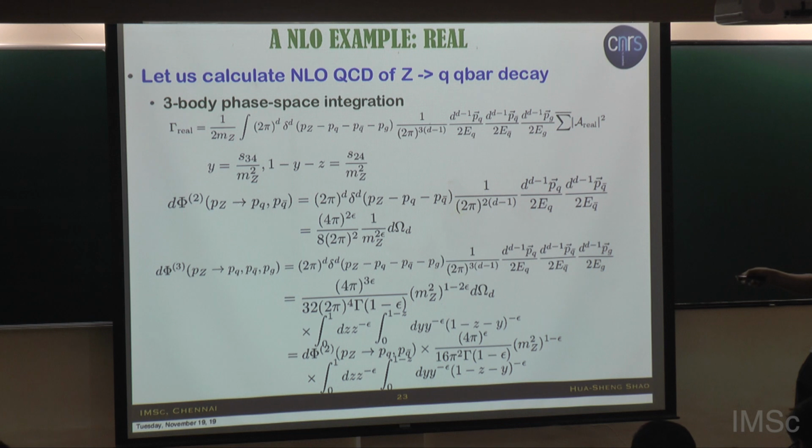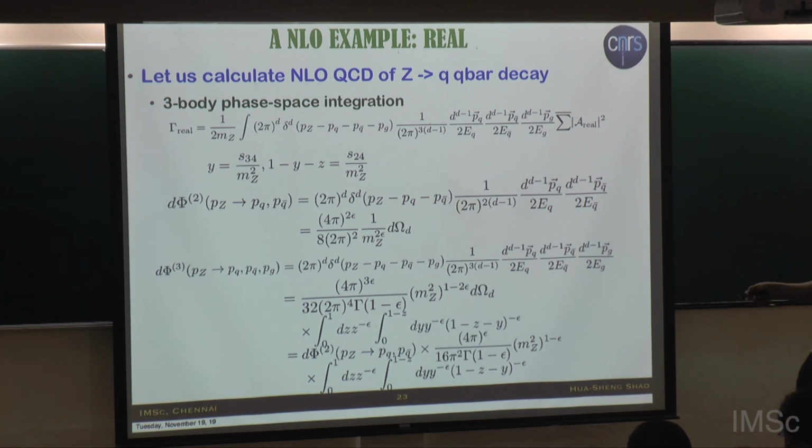The thing is, I need to notice that in D dimensions, for the 2-body phase space, I can write this solid angle. So you see that my 2-body phase space integration is just a solid angle, right? But my Born amplitude is not dependent on any solid angle, so you can integrate directly. And the 3-body phase space, actually you can factorize. I won't derive it here, but you can check after class whether these derivations are correct.